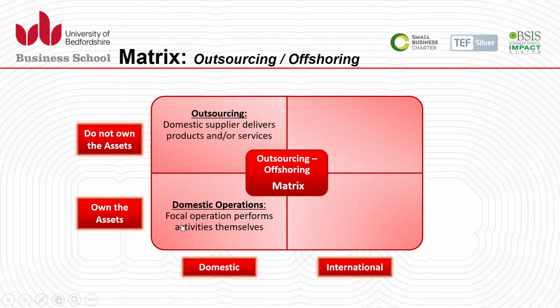However, if the asset is owned within the domestic market, then we have to take a third party in partnership. So this is local again, but the third party will be the provider of certain products to manufacture, design, or provide services. So that will be a domestic supplier delivery for the product and or services. That's outsourcing. That is quite the straightforward example of the domestic partnership, and that's done locally.